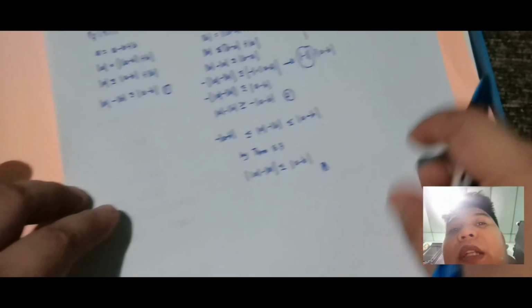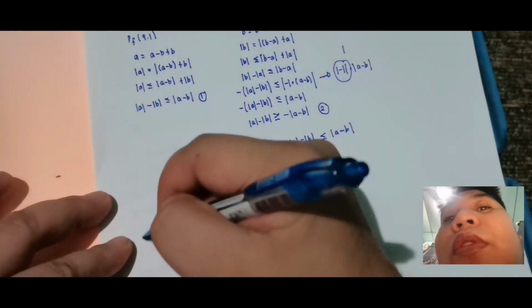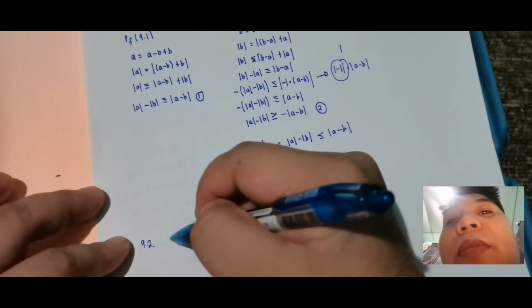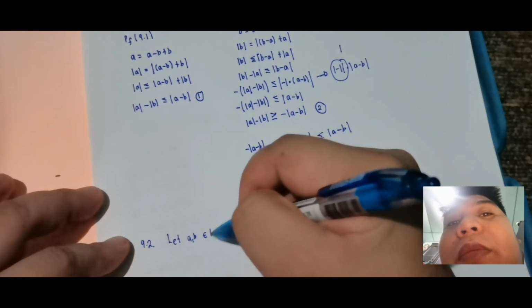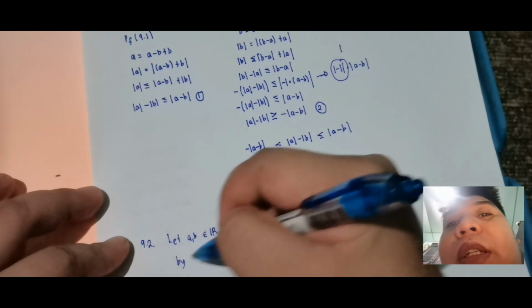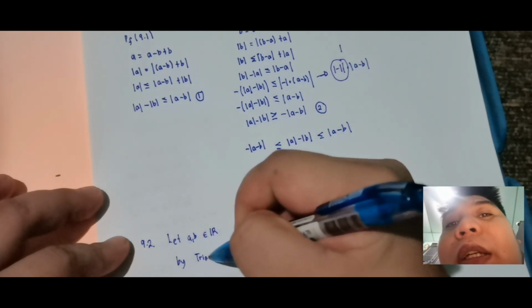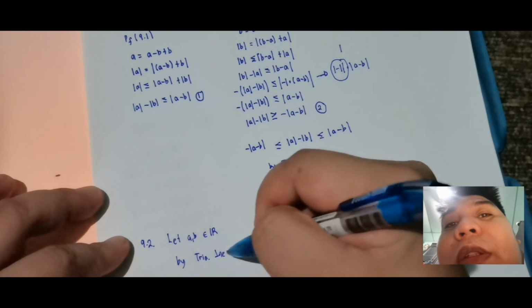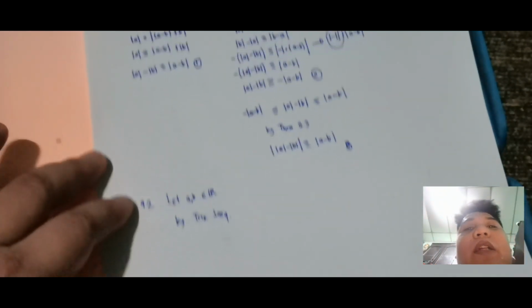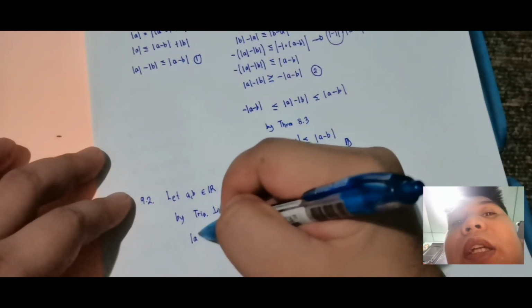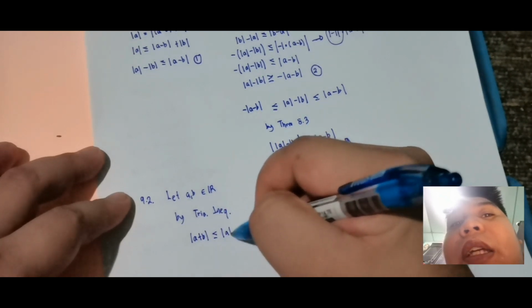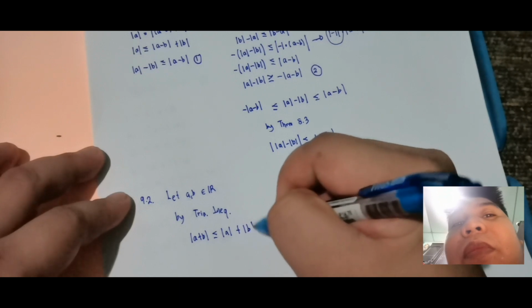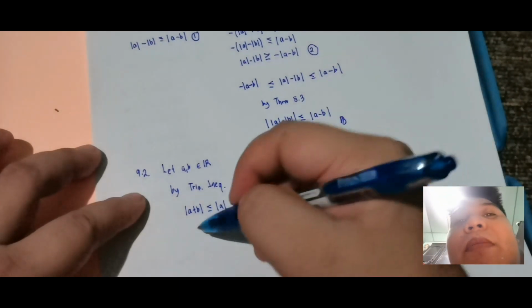Okay, so try naman natin si 9.2. So, paano naman si 9.2? So, let A and B element ng real number. So, by triangle inequality. So, ano sabi ng triangle inequality? Yung absolute value ng A plus B is less than or equal sa absolute value ng A plus absolute value of B. Okay, so napakasimple lang nito.